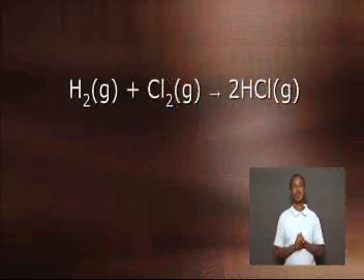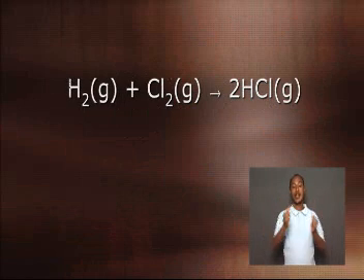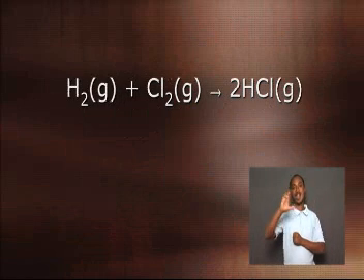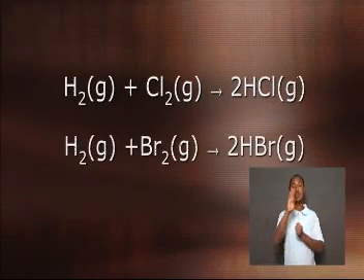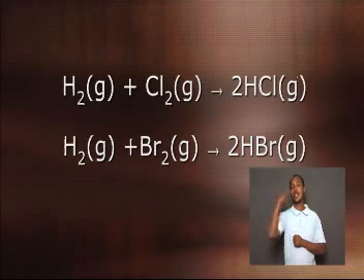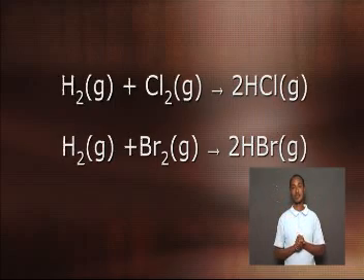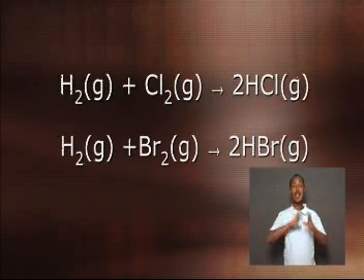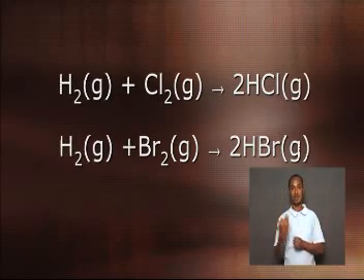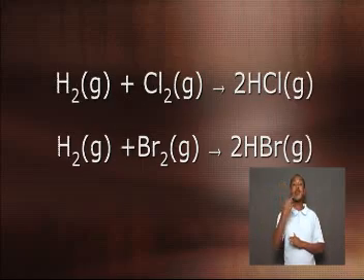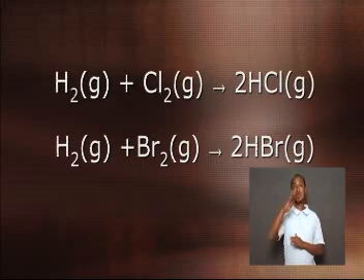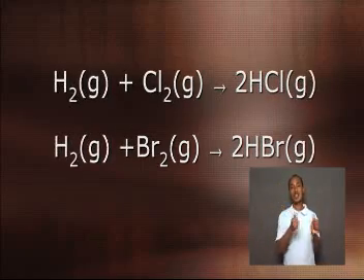Let us discuss some examples of this preparation of acids. When hydrogen reacts with chlorine, hydrogen chloride is formed. When hydrogen reacts with bromine, hydrogen bromide is produced. Notice that all of these chemicals are in a gaseous form. When dissolved in water, they form hydrochloric acid and hydrobromic acid, respectively.